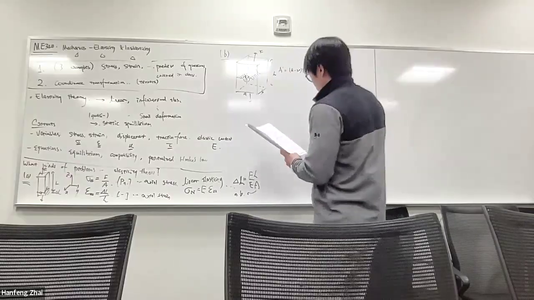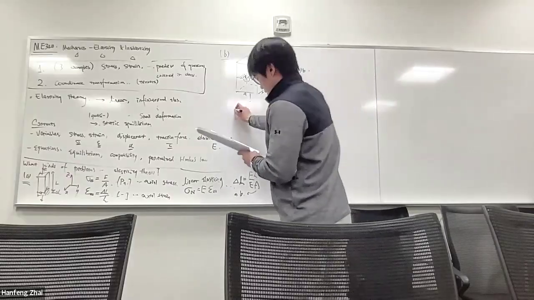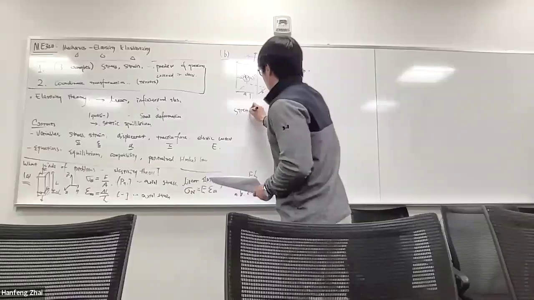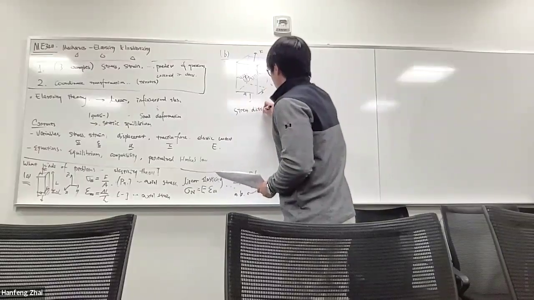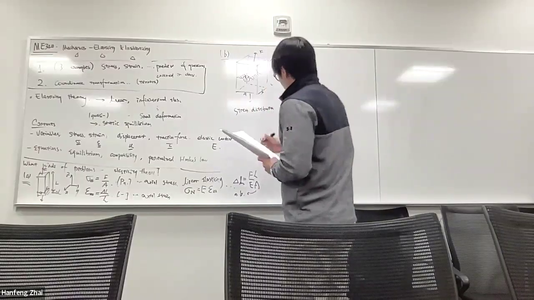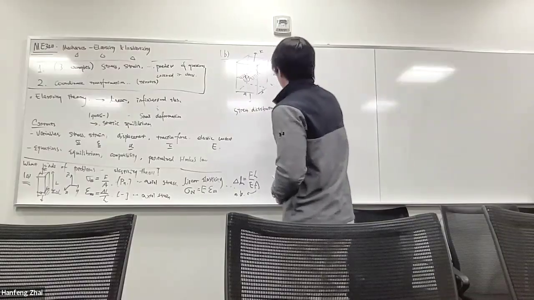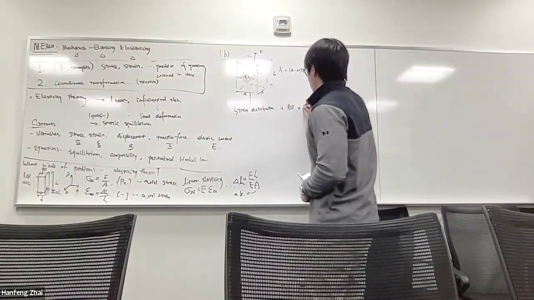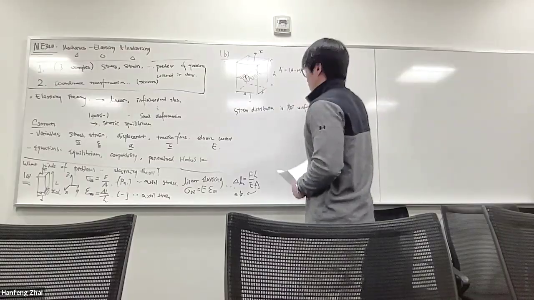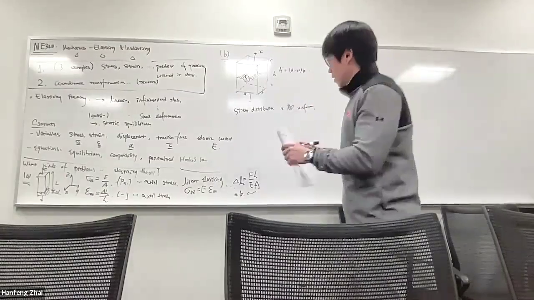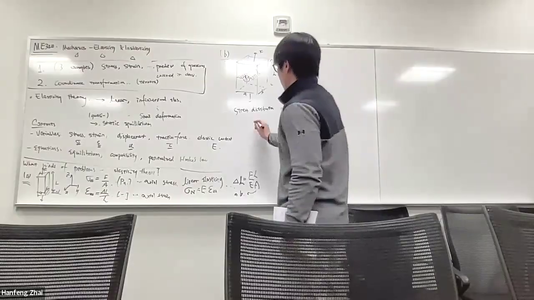So let's say first, the stress distribution for now is not uniform. And you can first calculate the average normal stress.